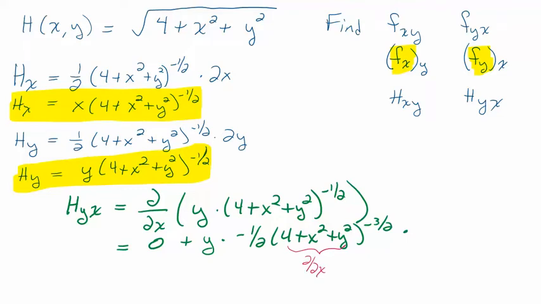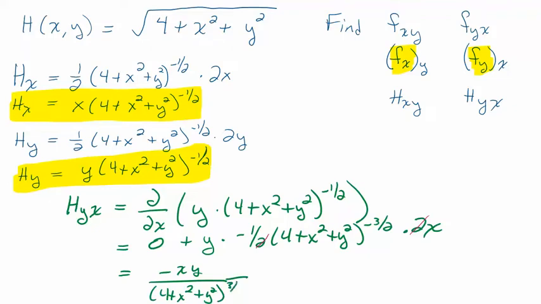That's going to give me 2x. So you see a similar pattern to what we did before. All right, and then these 2's are going to cancel. So I'm left with negative xy all over (4 plus x squared plus y squared) to the positive 3/2.